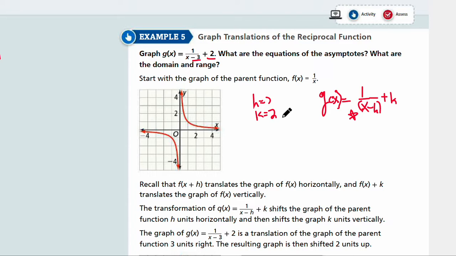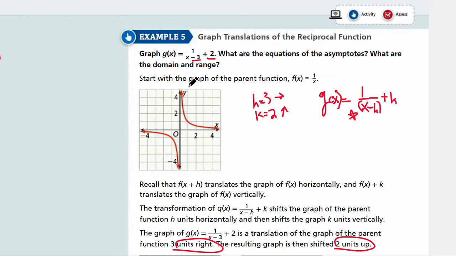So that means vertical translation up 2 units, and then horizontal translation right 3 units. So as we have talked here, 3 units right, 2 units up. So shifting your graph, your parent function, you already know how to graph your parent function. Shifting your parent function up 2 units, and then 3 units right.